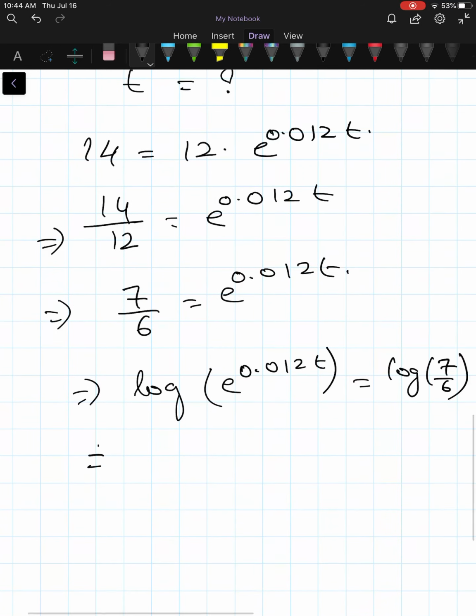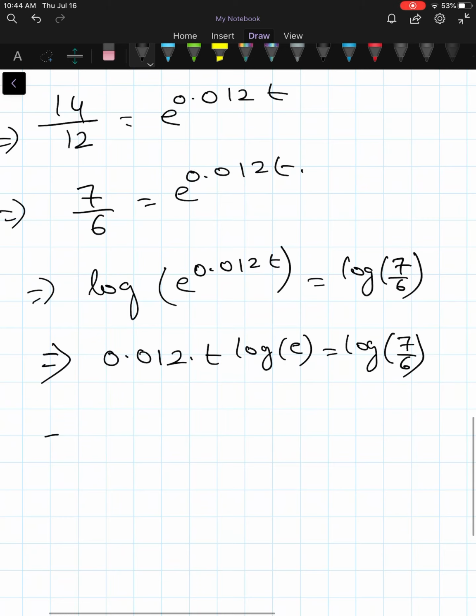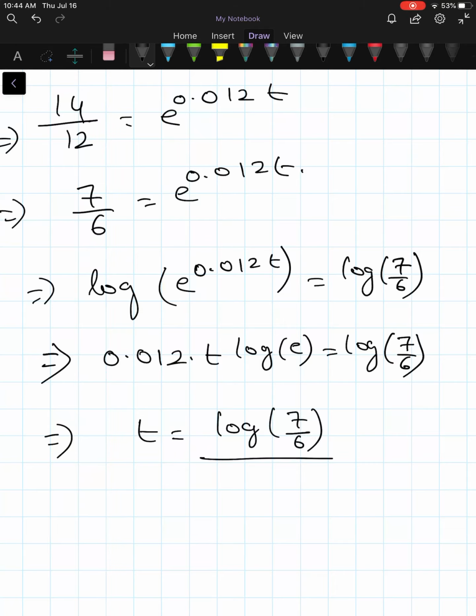So that would be 0.012 times t log of e is equal to log of 7 by 6. So this would be nothing but t is equal to log of 7 over 6 divided by log of e times 0.012.